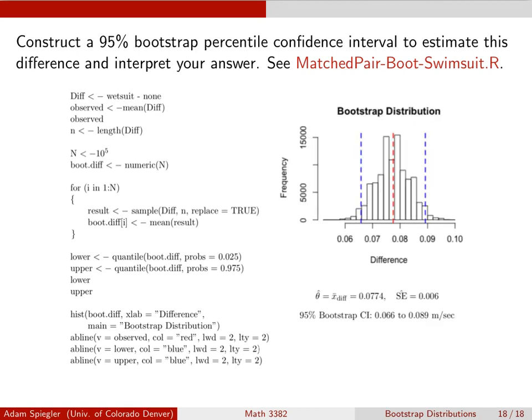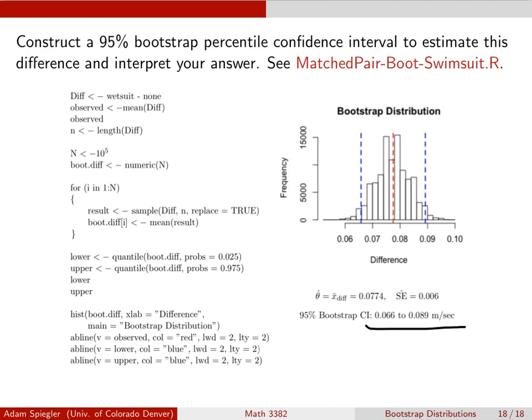Now we've got our confidence interval that we can see down here. What we could say in this case is there's a 95% chance that the interval from 0.066 to 0.089 meters per second contains the actual difference in velocities that the wetsuit gives as an advantage over not wearing it.